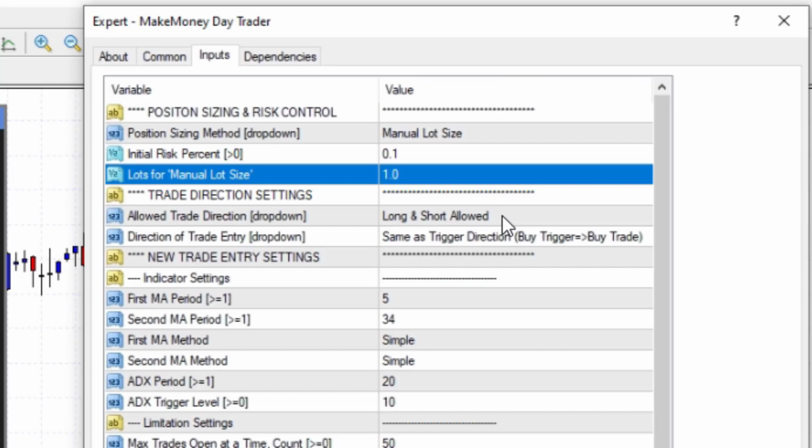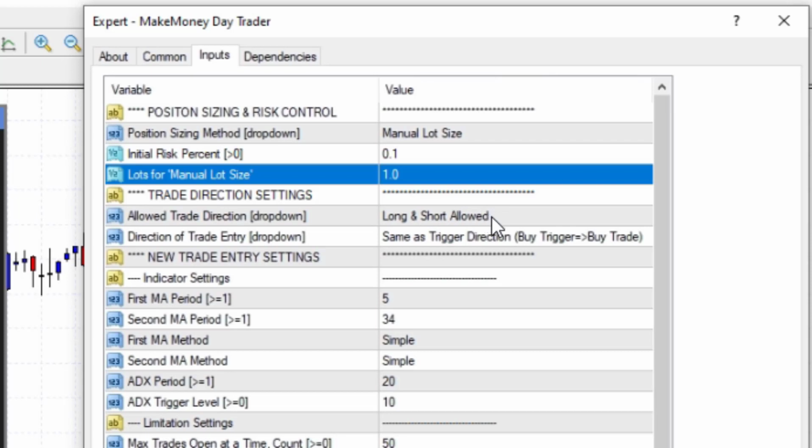We are going to close the trades at the end of the day or at the end of the session, or when it hits the stop or the target. So we're not going to have hundreds of trades open at the same time, and we can afford to have fairly high lots there.